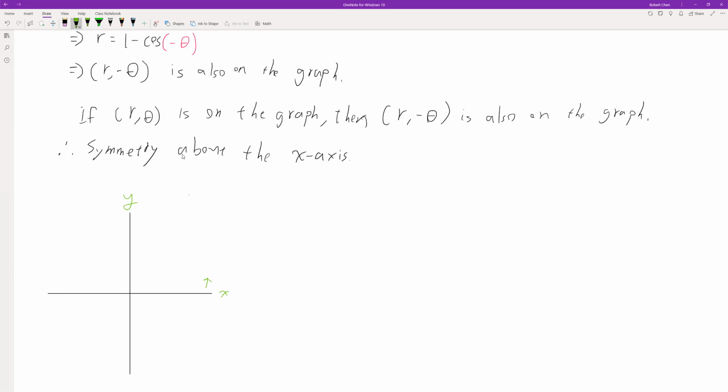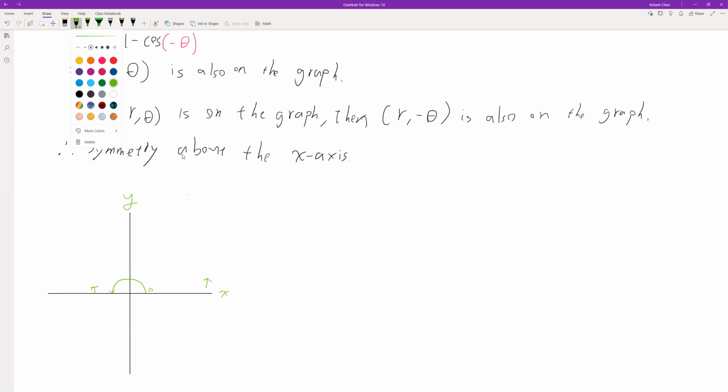We only want this side, so we can understand this as from 0 to pi. Whatever is up here is going to mirror below the x-axis. So all we need to do is graph theta from 0 to pi. Let's go ahead and do that.